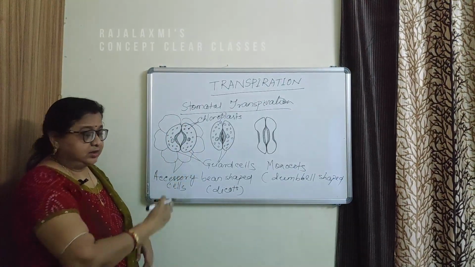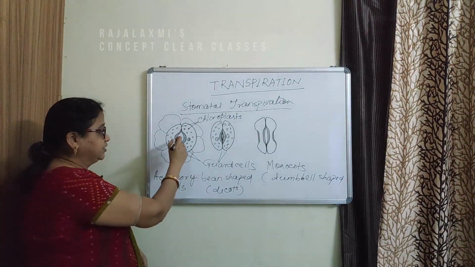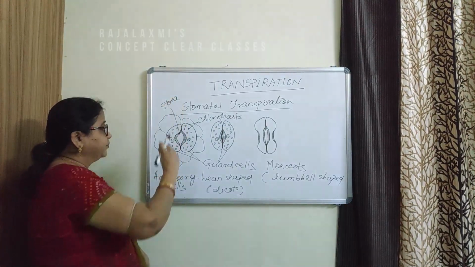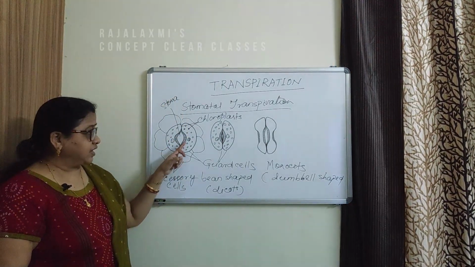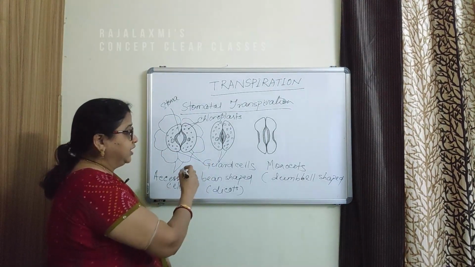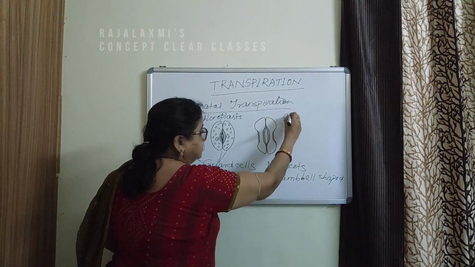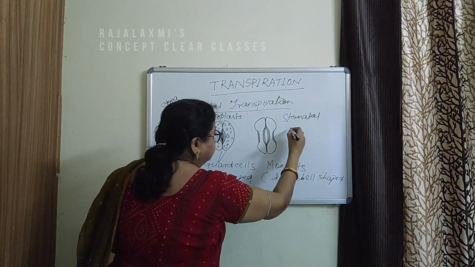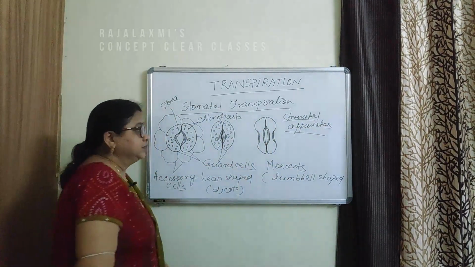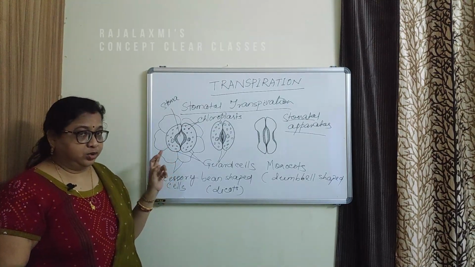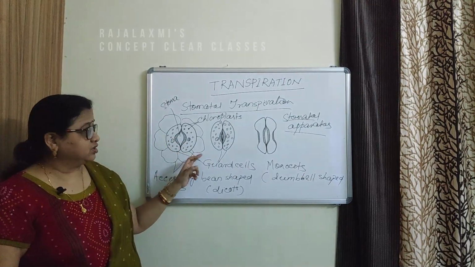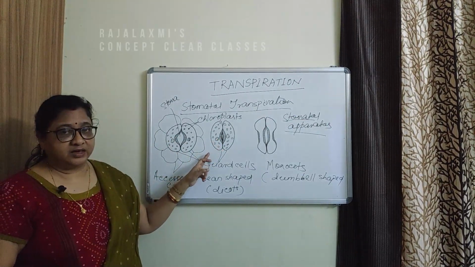And the whole structure, that is the opening, singular, is stoma. This is the stoma. The stoma, the guard cells and accessory cells, the whole structure is known as the stomatal apparatus. So, stomatal transpiration occurs when the stomata remain open, and does not occur when the stomata are closed.